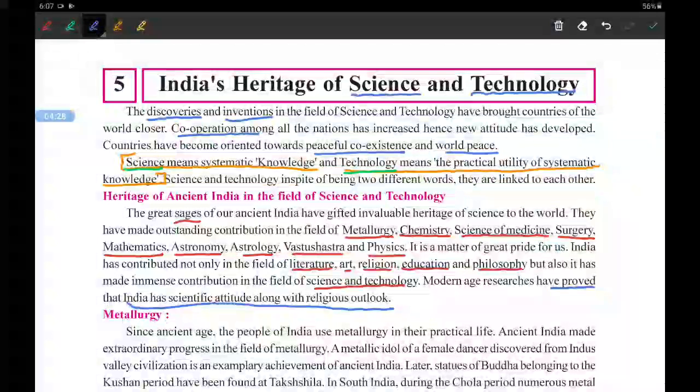All the religious things that we follow are scientifically proven, or they are supported with scientific logic. Like, suppose we fast, we do upvas. Why do we do upvas?